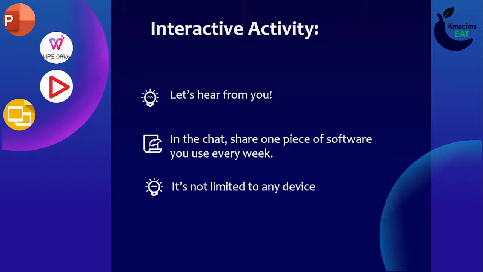Now if it is a video editor, tell us your editor, so that we'll be able to know those apps for ourselves. Maybe I heard that this person is using this particular app to do something. Let me try it out. Now it's going to help us to understand certain things. Now I'm waiting for you to send in the chat window and also in the comments section, so that we'll be able to interact and learn about that.